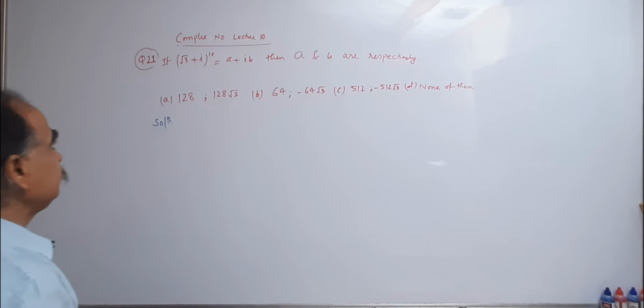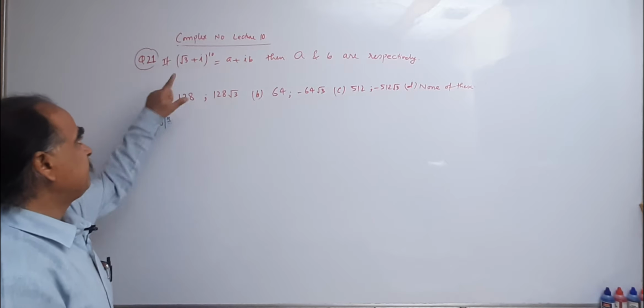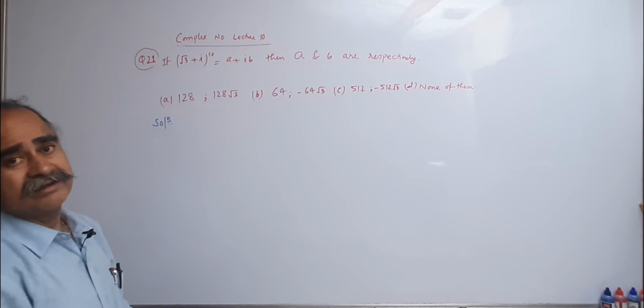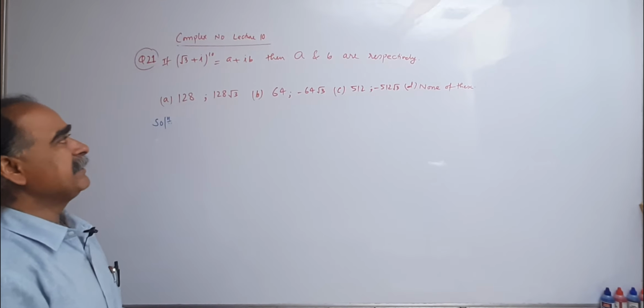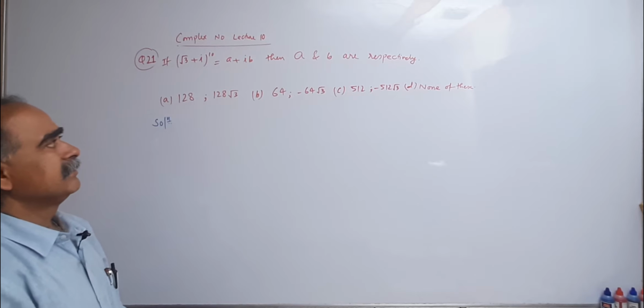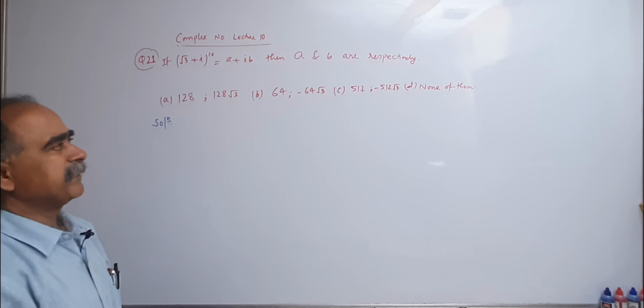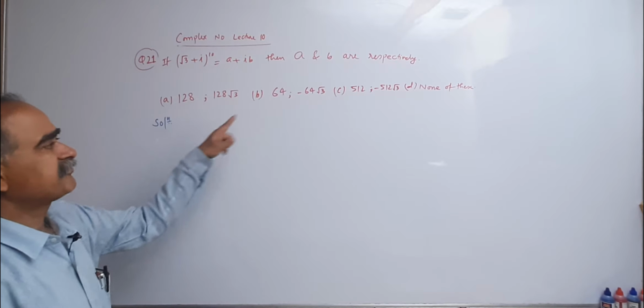See next problem. If (root 3 plus i) raised to 10 is a plus ib, then a and b are respectively, options are given.